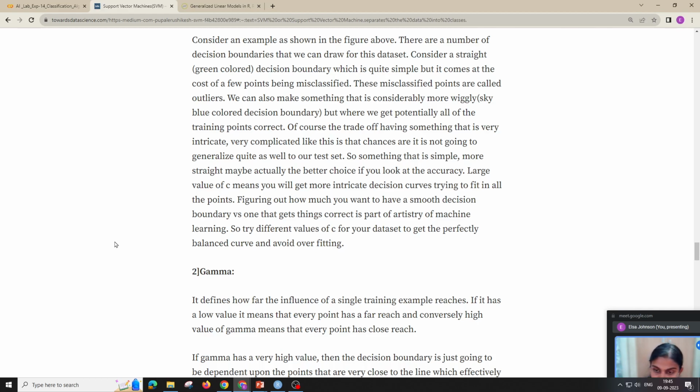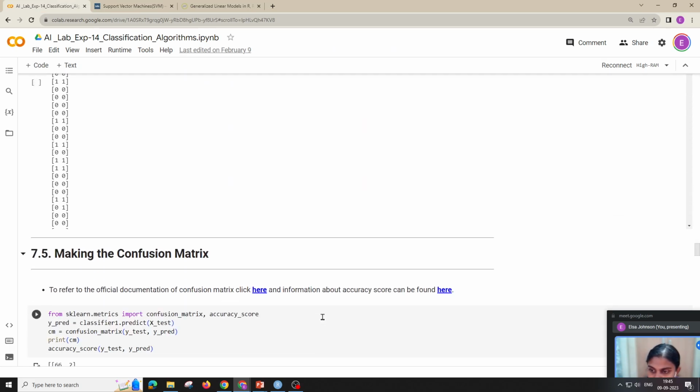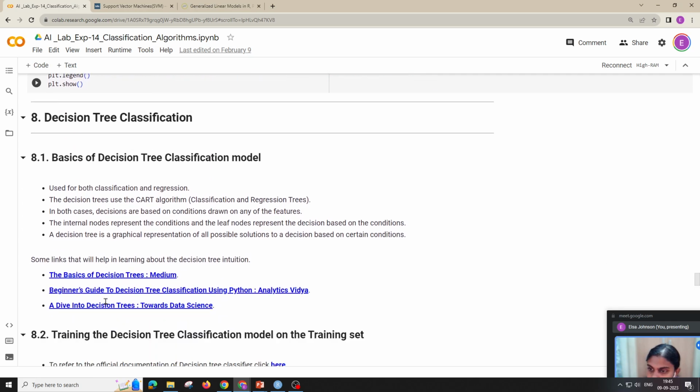Okay, so different kernels are there, and based on that your classifications will vary and your accuracies will vary. Okay, so that is what a support vector machine is, and next week we will see how to do it. Later I'll give you this resource also, based on Python.